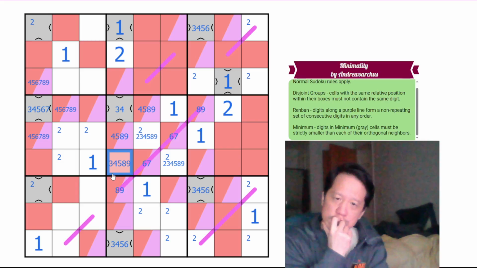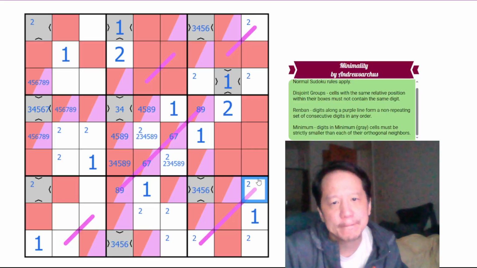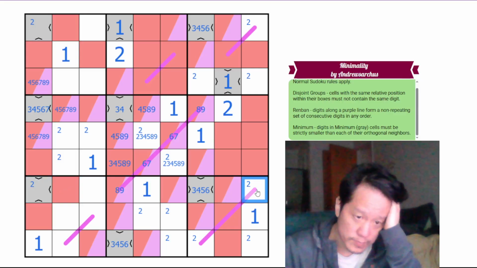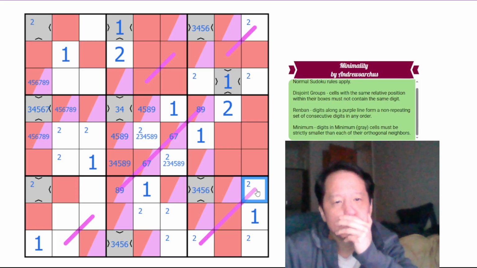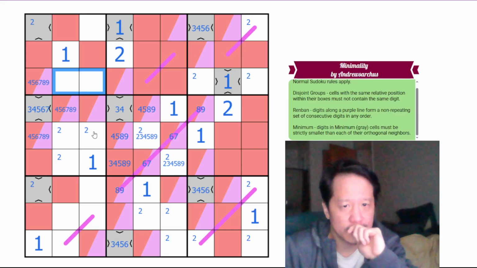What's interesting is if one of these is 2, right? So one of these 4 is a 2. One of these 4 is 2. One of these 3 is 2 here. One of these 4 is 2 there.